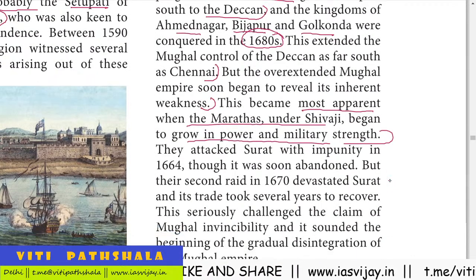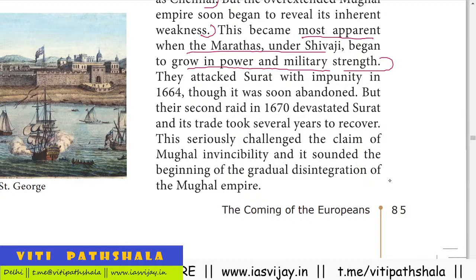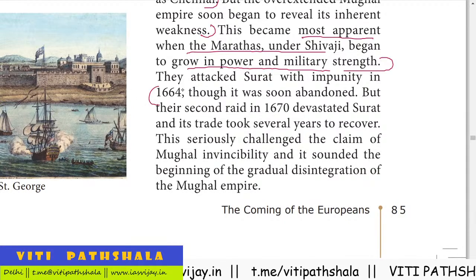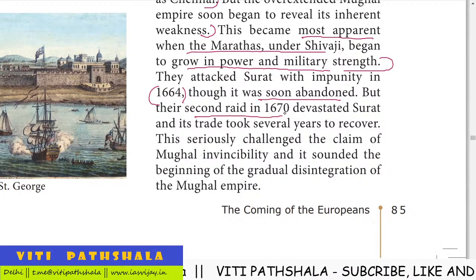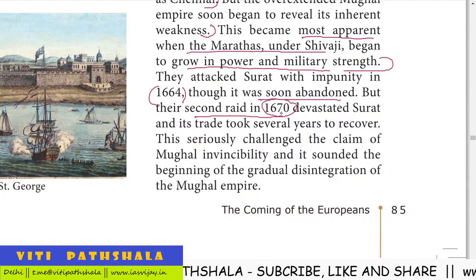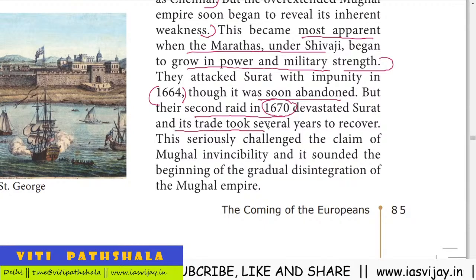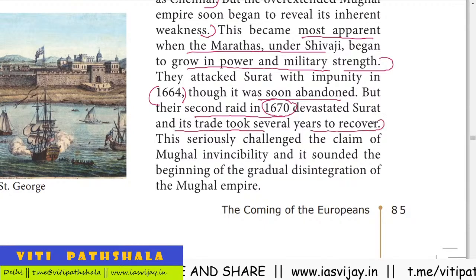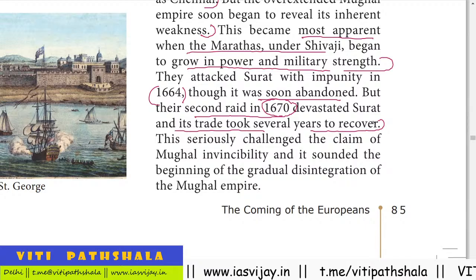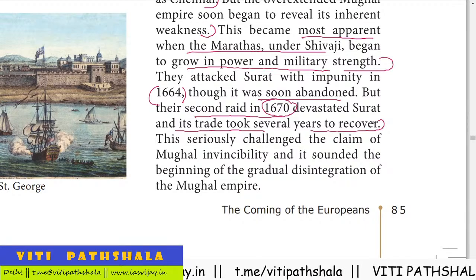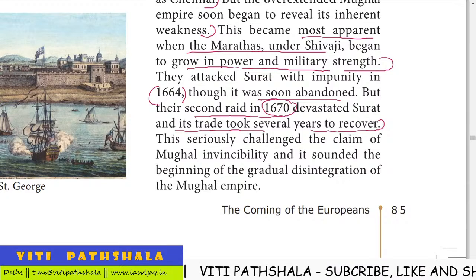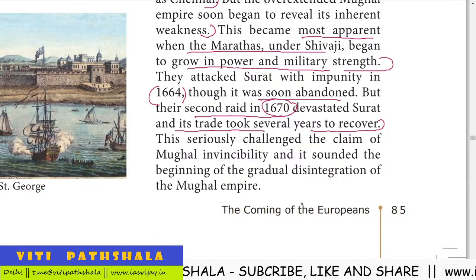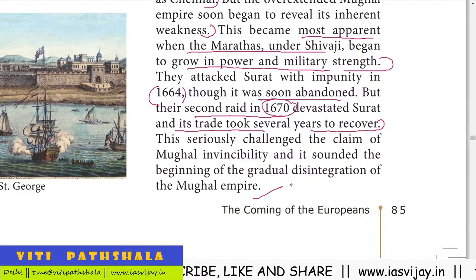They attacked Surat with impunity in 1664, though it was soon abandoned, but their second raid in 1670 devastated Surat and its trade took several years to recover. This seriously challenged the claim of Mughal invincibility, and it sounded the beginning of the gradual disintegration of the Mughal Empire.